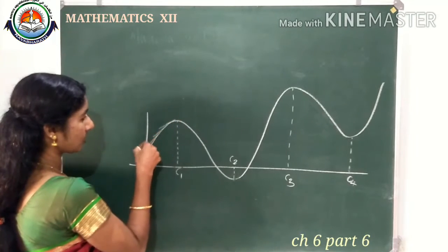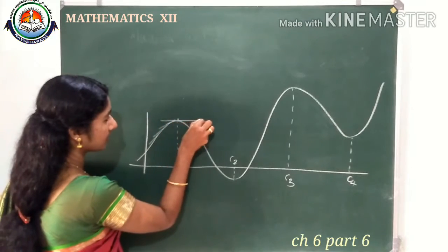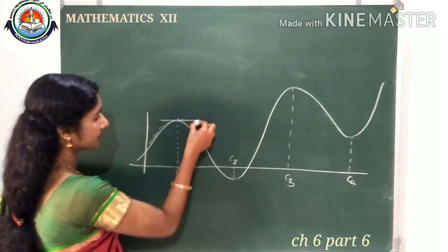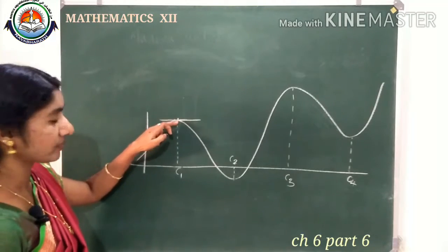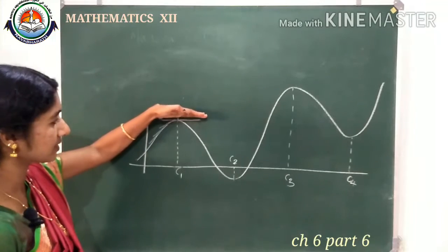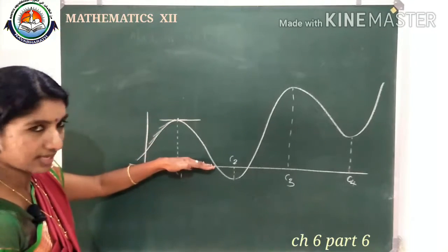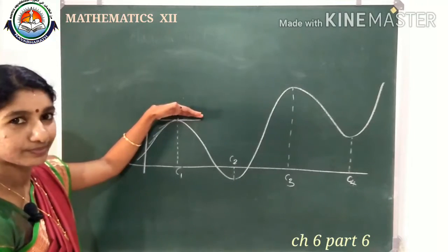All these points, the slope of the tangent is positive. What about here, where the tangent is this one? Its slope is 0, means when we draw the tangent at a point like this, this tangent is parallel to the x-axis. That's why the slope of this tangent is equal to 0.